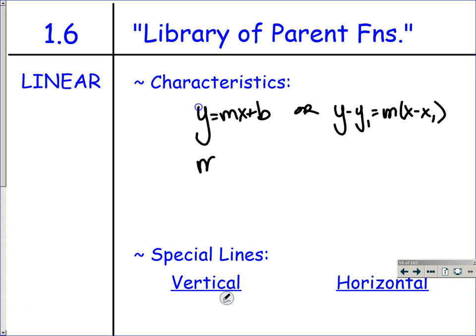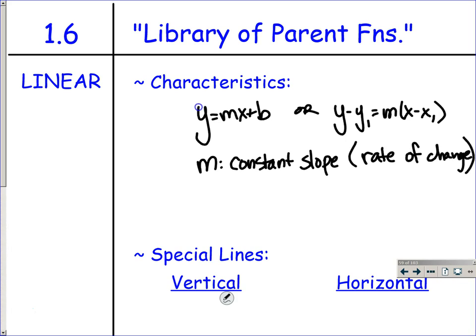Remember that for lines, their slope is constant. Let me just say constant slope. And remember what we talked about at the end of chapter 1a was rates of change. So constant slope, and slope is another way of saying rate of change. So constant slope, aka constant rate of change.